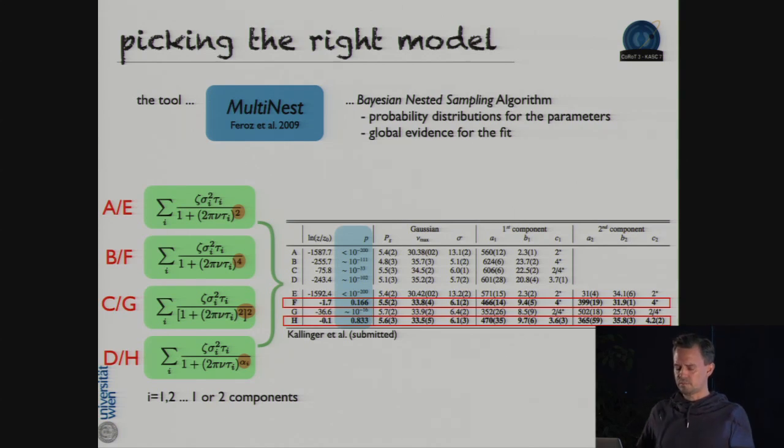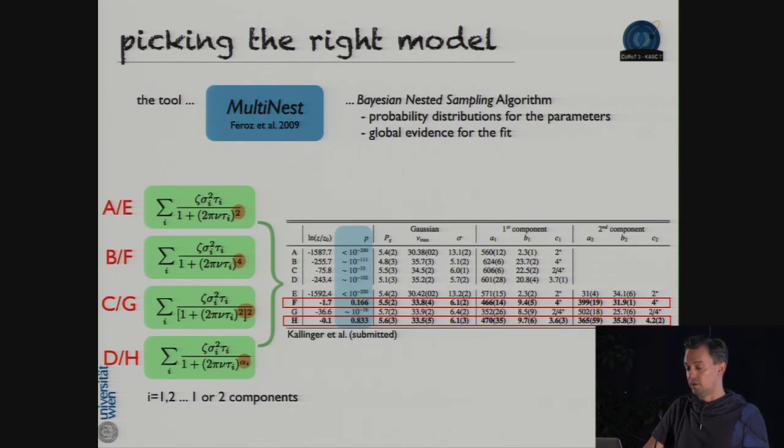So we have 4 different basic models. Each of them we were fitting with 1 component and 2 components to the power spectra of various stars, and compared the model evidences, and immediately found that most of the models were completely ruled out by the model evidence.